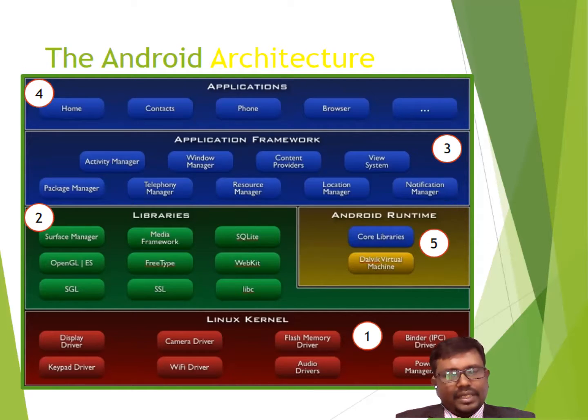For database connectivity, we use SQLite. Many different dimensions of code need to be compiled and executed in a single environment. That is taken care of by the Android runtime, which takes care of the execution of the code that we are developing. So these are the 5 important layers of an Android architecture.